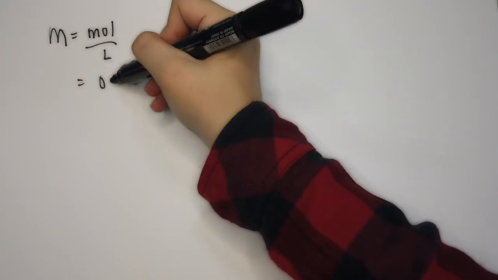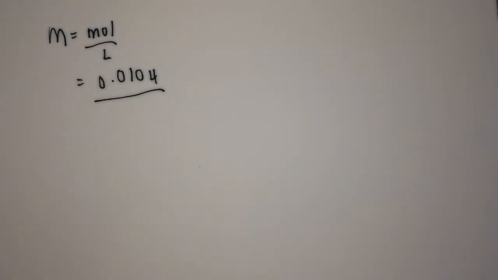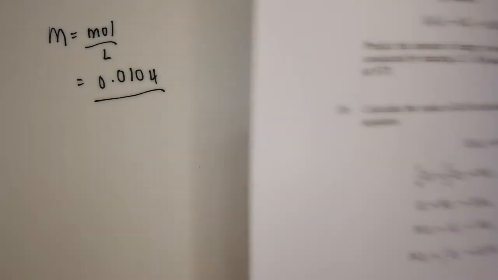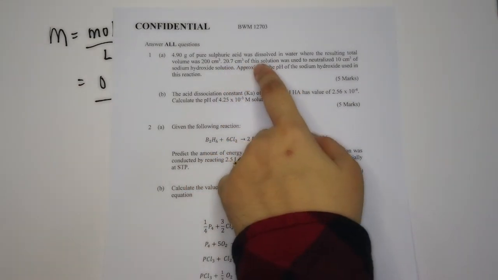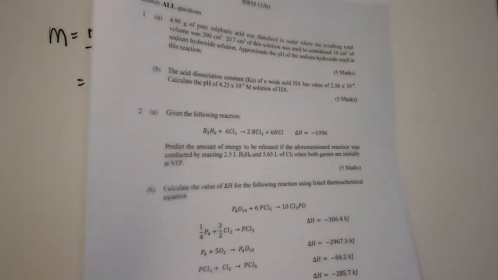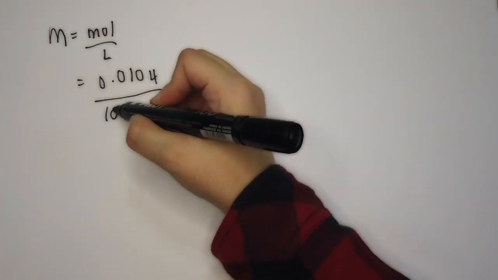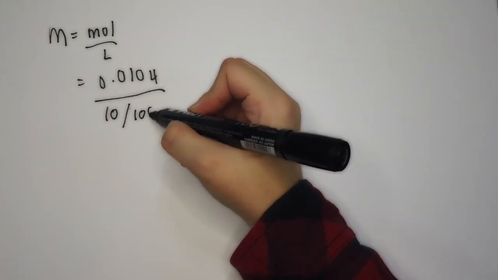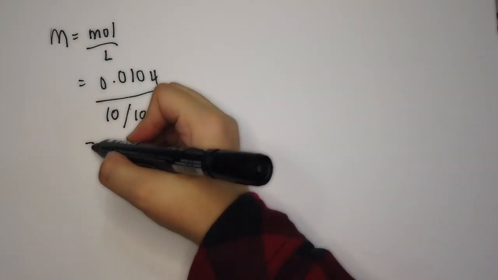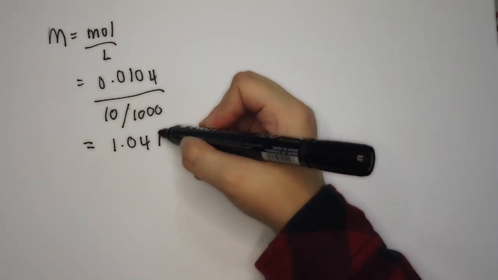The sodium hydroxide used in this reaction is 10 centimeter cube, so you divide by 1000 to convert it to liter. So you should get the molarity of the sodium hydroxide as 1.04 molar.